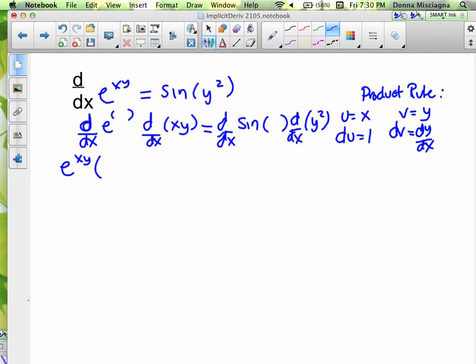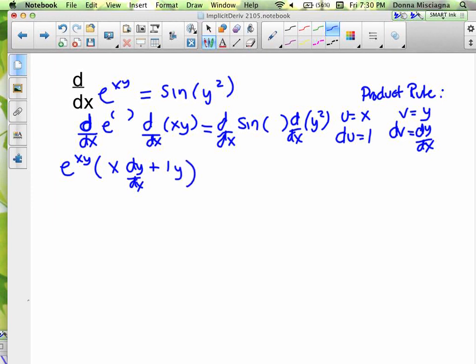So we have the first, which was x. The derivative of the second is dy/dx. And then we have the second, which is y, times the derivative of the first. So that'll just be 1y, and we could really just write y. We don't need to write 1.